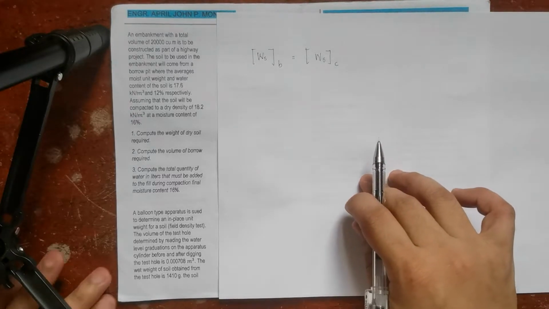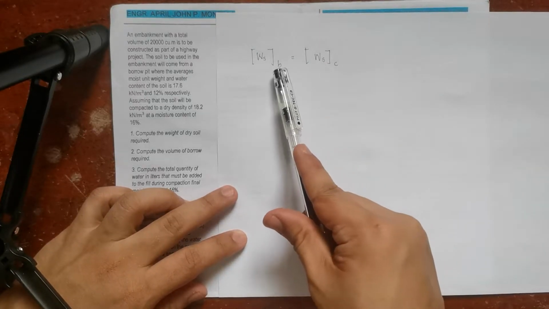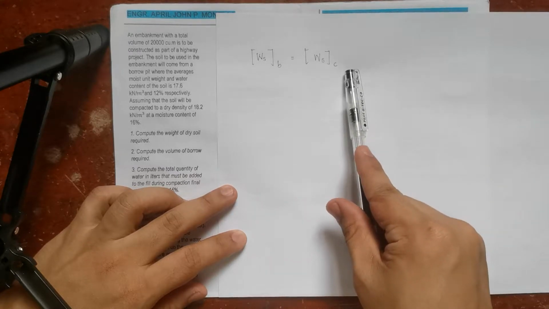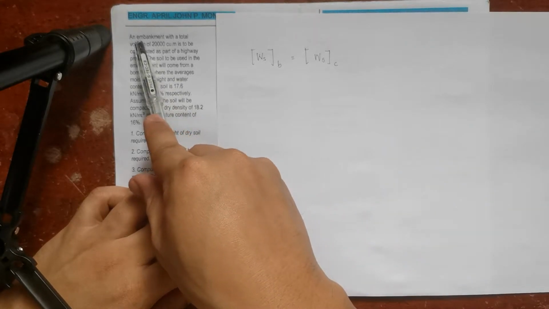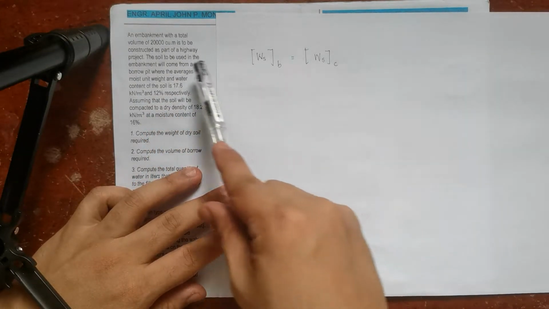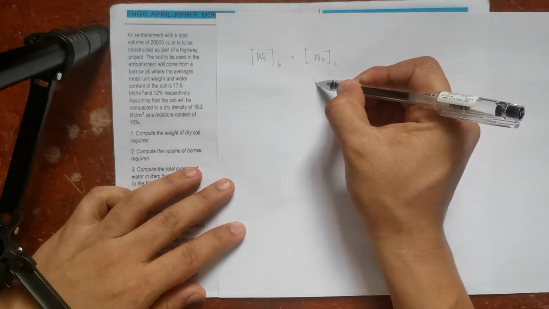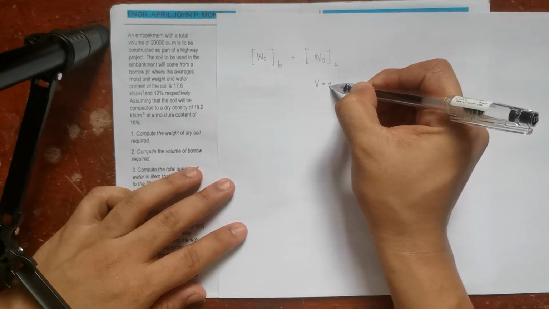So, let's analyze the given problem. Let's list down what are the given under borrow soil and then compacted soil. Pag sinabing embankment, that will be the parameters of compacted soil. So, yung embankment natin may volume na 20,000 cubic meter, yun din yung volume ng ating compacted soil.